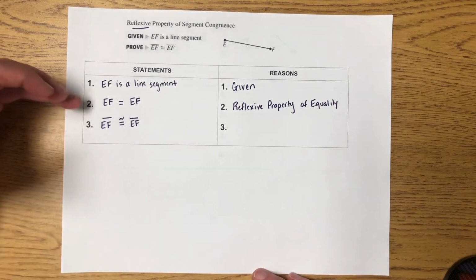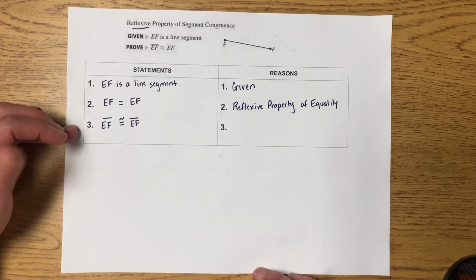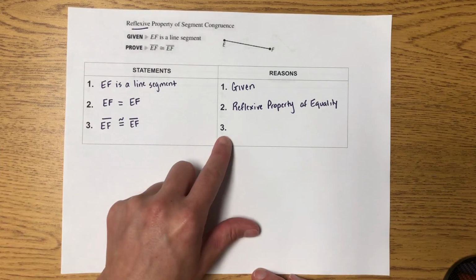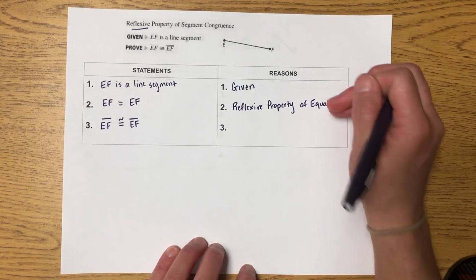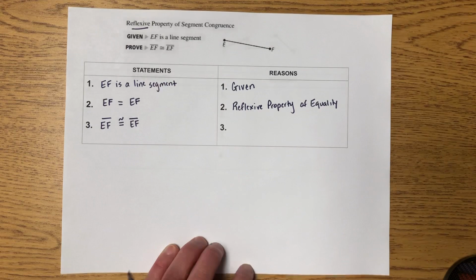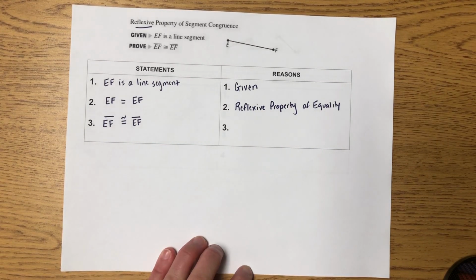And then, moving from EF equals EF, the line segment EF is congruent to the line segment EF. Moving from the reflexive property reason, we are using the definition of congruence in order to show that the line segments are congruent.